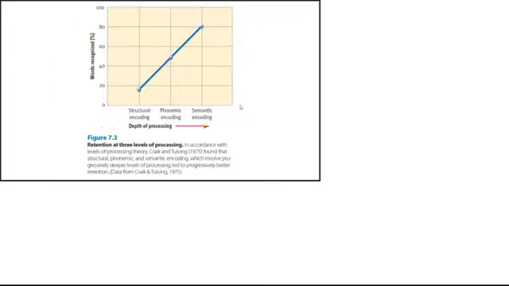If we look at the graph on this slide, we see that the deeper the encoding, the more words we're going to recall, so the better our performance. And it's almost always going to be a really nice positive relationship, where more means better recall. And they can do this with a bunch of different things.